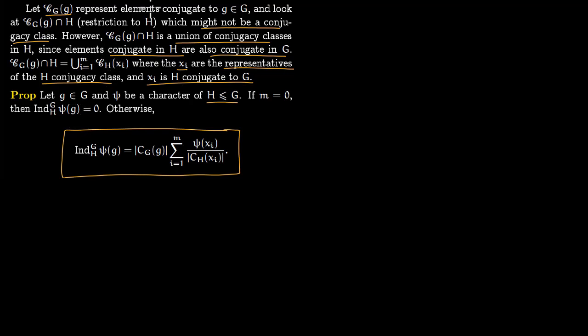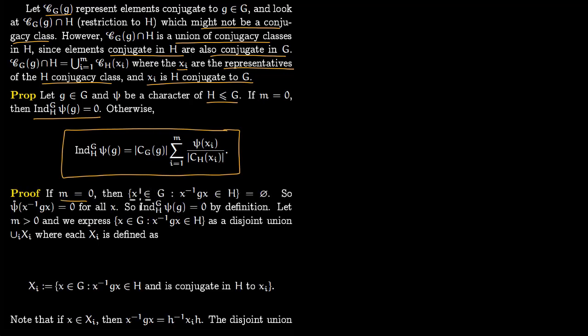You're given such a statement: let g be an element of the group and psi a character of H. If m is 0, then obviously the induced character has to be 0. Otherwise you have this formula. So let us start with m is 0. If m is 0, then the set of all elements x in G such that x inverse g x is in H is just the null set.